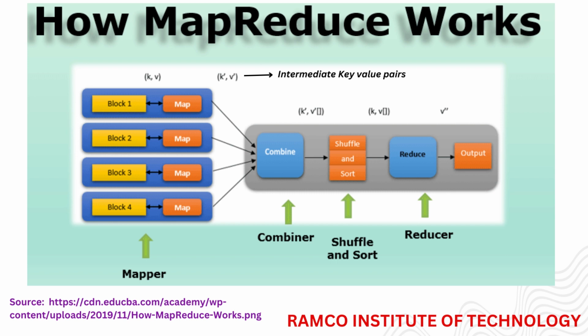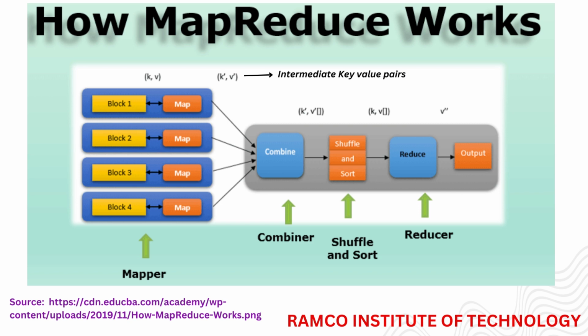The output from the combiner reaches the reducer based upon the decision made by the partitioner component. The partitioner is a component present between the combiner and the reducer. It decides whether the output can pass from the combiner to the reducer.